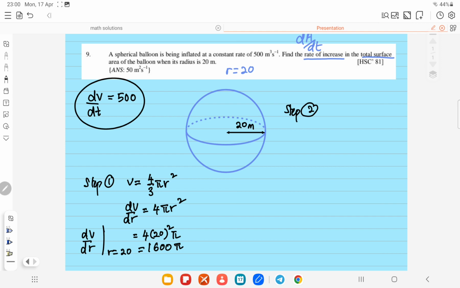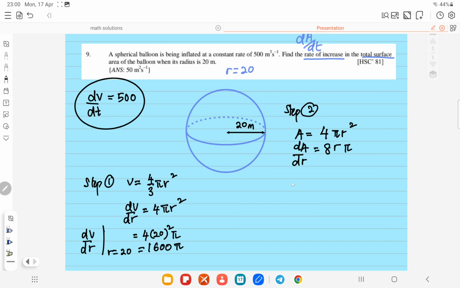So we have to relate it with the area of the sphere. The area of the sphere is 4 pi r square. We differentiate with respect to r, so dA over dr equal to 8 r pi.